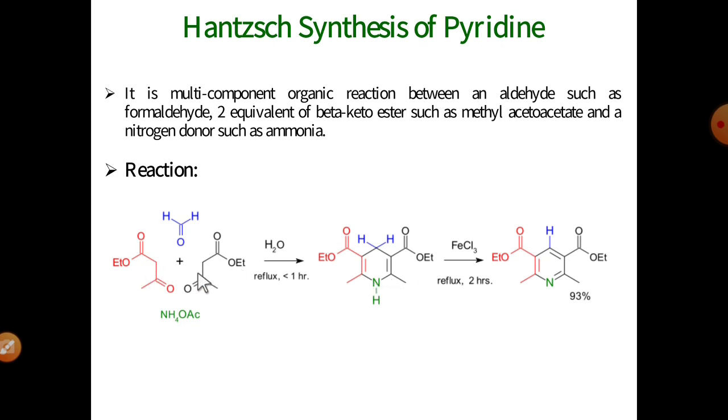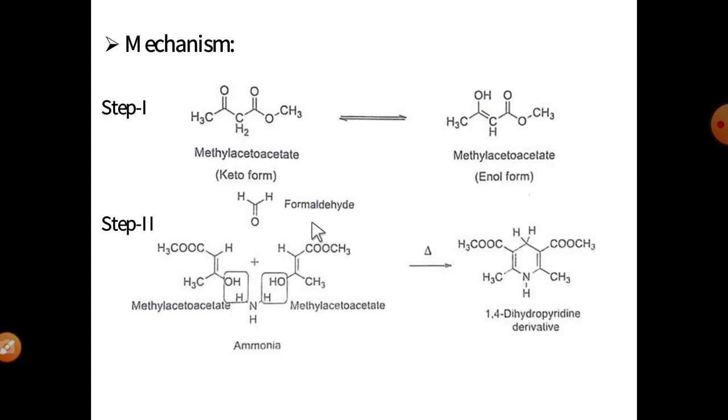See the reaction: 2 moles of acetoacetic ester, 1 mole of aldehyde molecule, formaldehyde, and 1 mole of ammonia. It is a simple condensation reaction. It is a multi-component reaction. It gives finally a pyridine derivative. See the mechanism of this reaction. Number first step, there are 2 moles of methyl acetoacetate.